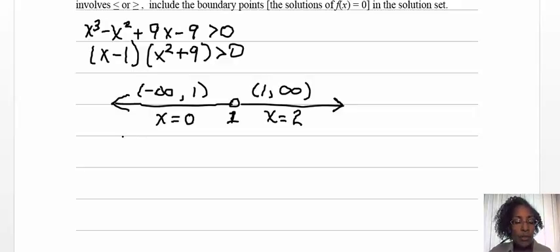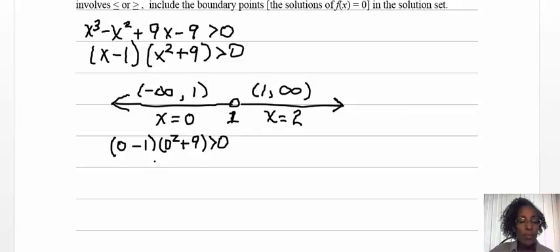And I'm going to test these in the factored form. So I'm multiplying 0 minus 1 times 0 squared plus 9. And I essentially want to know, is that true or false when I set that greater than 0?